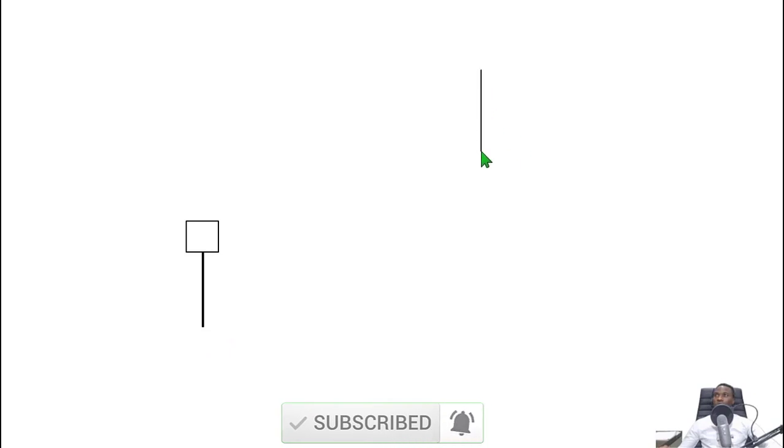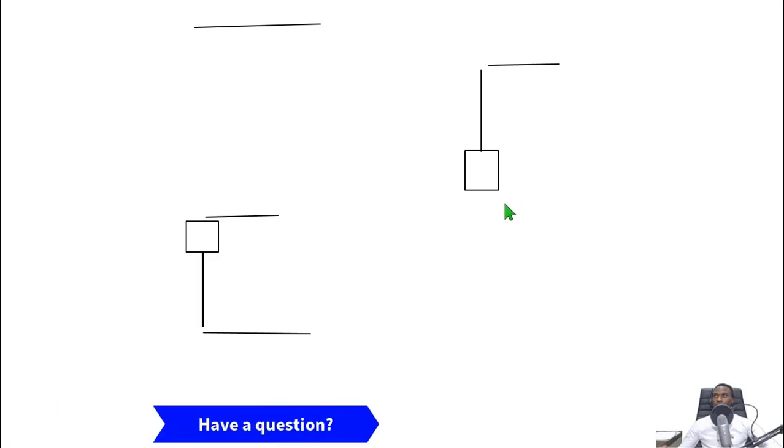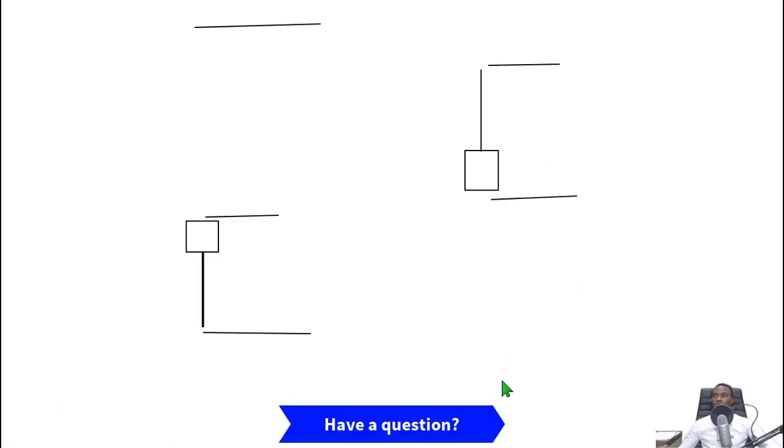So I'm going to make a drawing right here. There's a bullish pin bar. This is a bearish one. So we got this entry right here, stop loss right here, take profit to target. Stop loss right here, entry right here, take profit to risk.